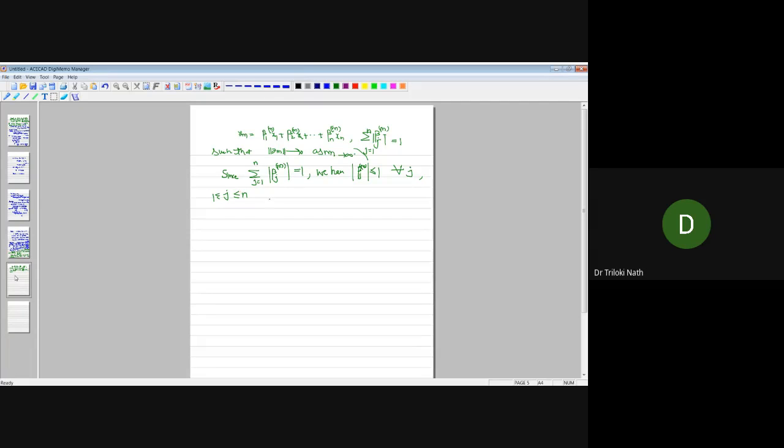Hence, the sequence beta jm, m is equal to 1 to infinity, equal to beta j1, beta j2, and so on, beta jm, dot dot dot, is bounded. This is a bounded sequence.